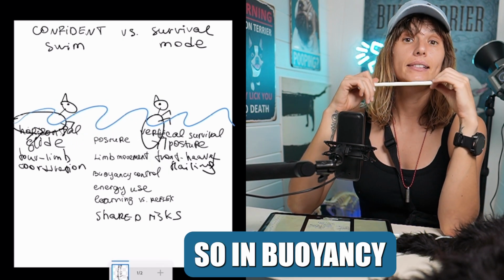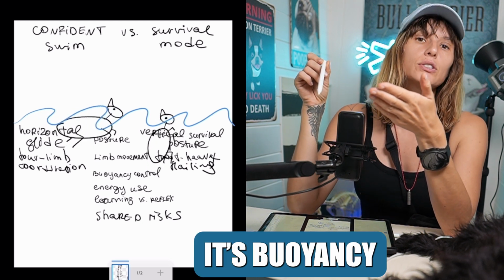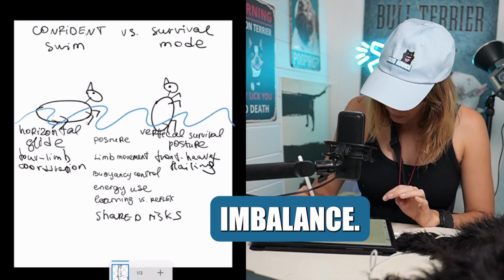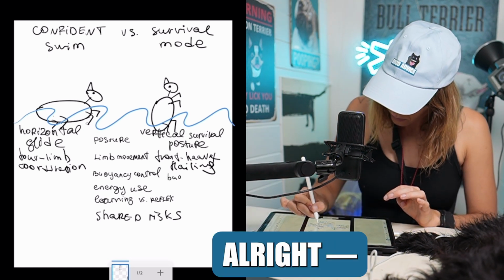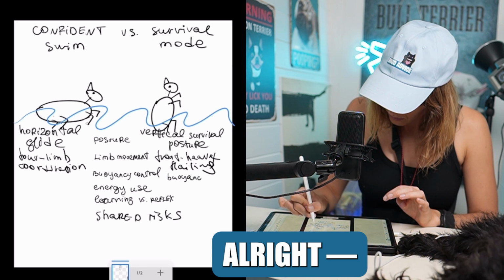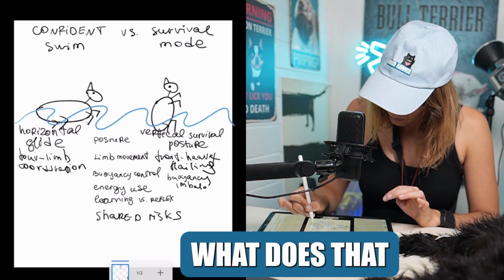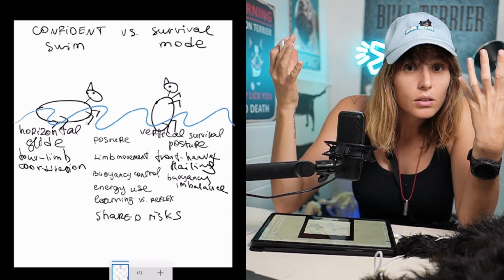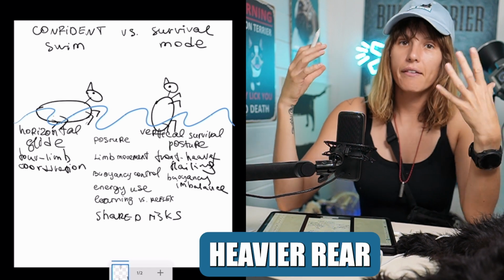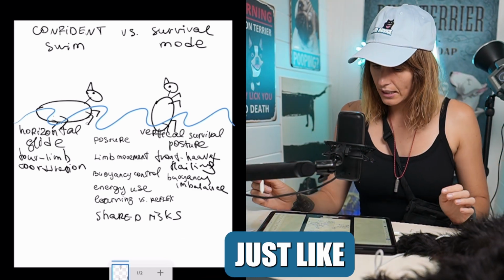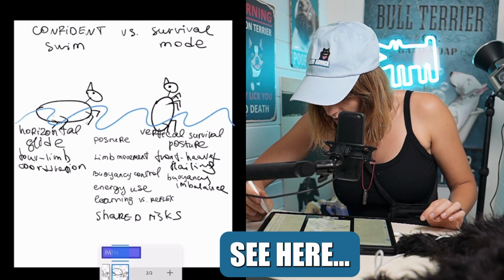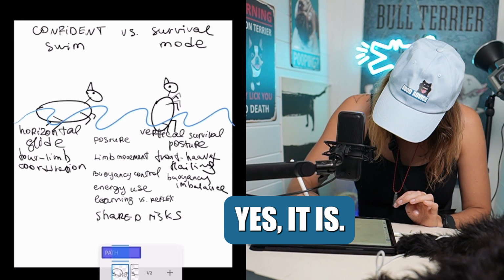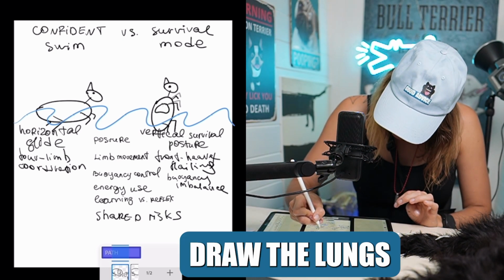So in the buoyancy control, in the survival mode, it's buoyancy imbalance. What does it mean? So the lungs float the chest, but the heavier rear sinks, just like we see here. And we can see here, hopefully that's the right dog. Yes, it is. I'm gonna draw the lungs.